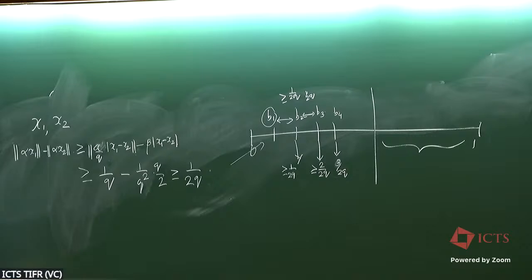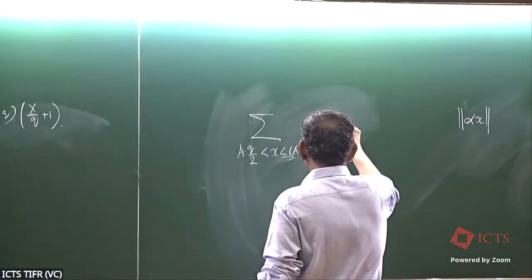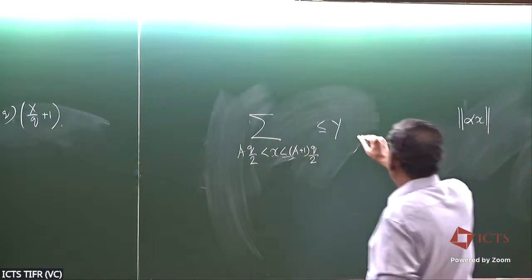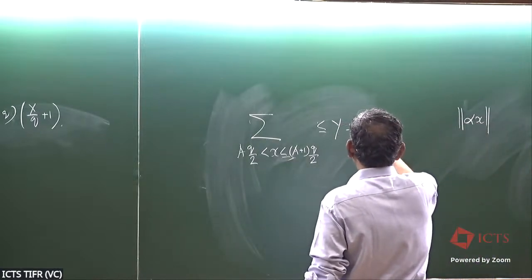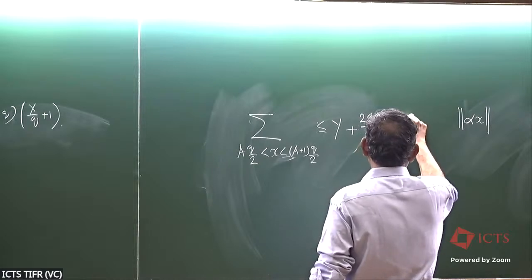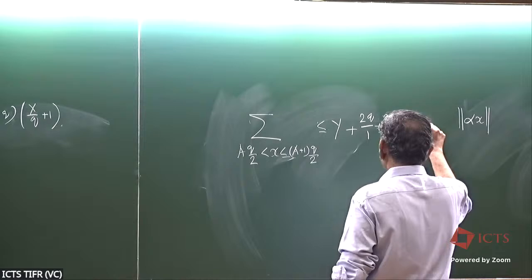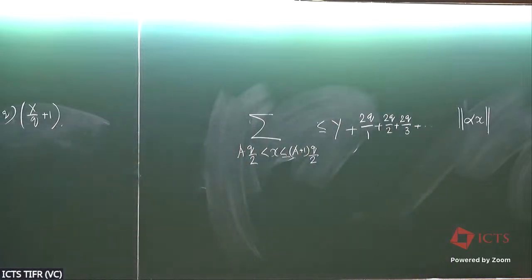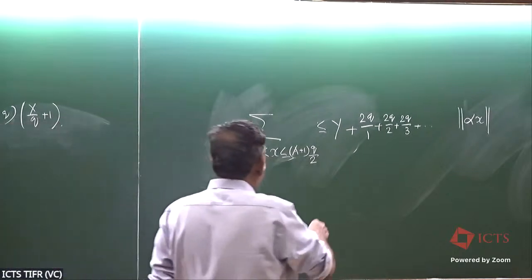And therefore, this number is less than or equal to 1 y plus, then there will be 2q over 1 plus 2q over 2 plus 2q over 3, etc. Okay, and that gives you 2q y plus 2q log q.